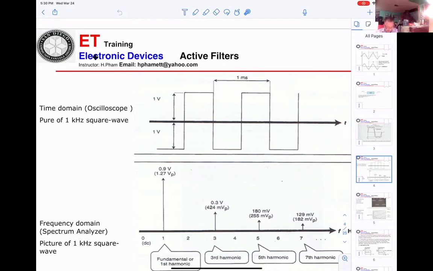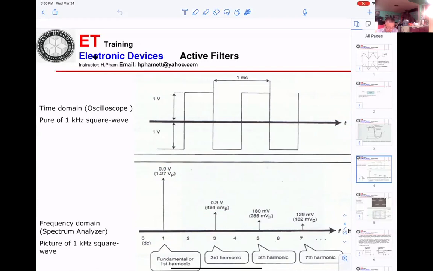On the spectrum analyzer, it will be displayed by different frequency. For example, the first one is 1 kilohertz here, and what is the amplitude of the signal, but you cannot see any sine wave. At the third harmonic, you can get the value of the amplitude here, and they keep going.